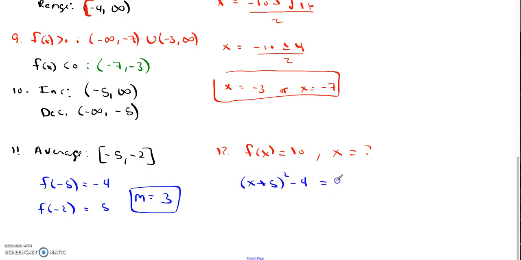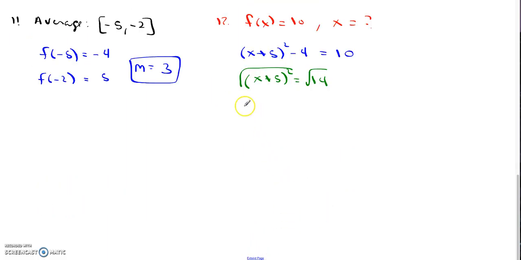And I'm going to say, when does this equal 10? I'm going to add 4 to both sides. So I get x plus 5 squared equals 14. Square root both sides. x plus 5 equals plus or minus the square root of 14. Can I simplify the square root of 14? Nope. x equals -5 plus or minus the square root of 14. That is when.